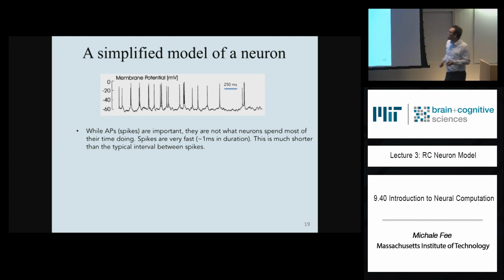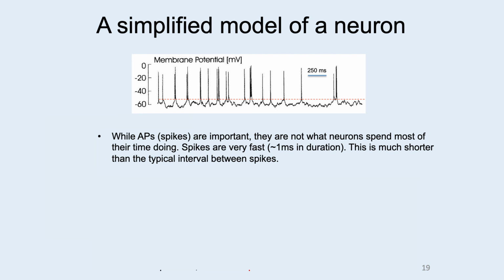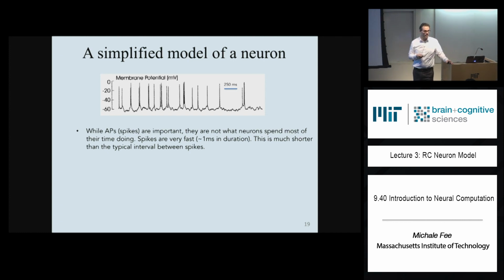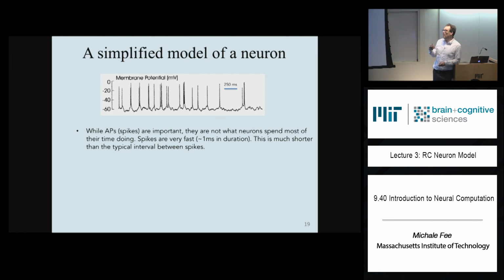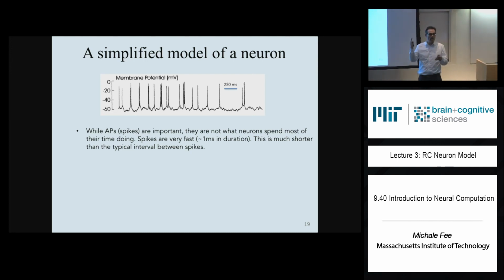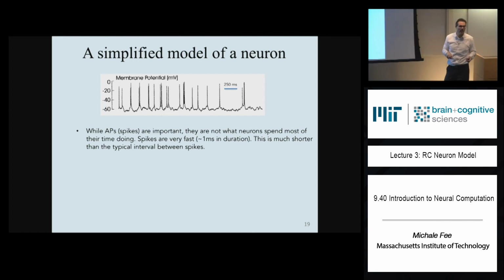So we're going to look at a model now called, not surprisingly, integrate and fire, that captures exactly that idea, that a neuron spends most of its time integrating its inputs, making a decision about when to spike, and then spiking, and then starting over again.